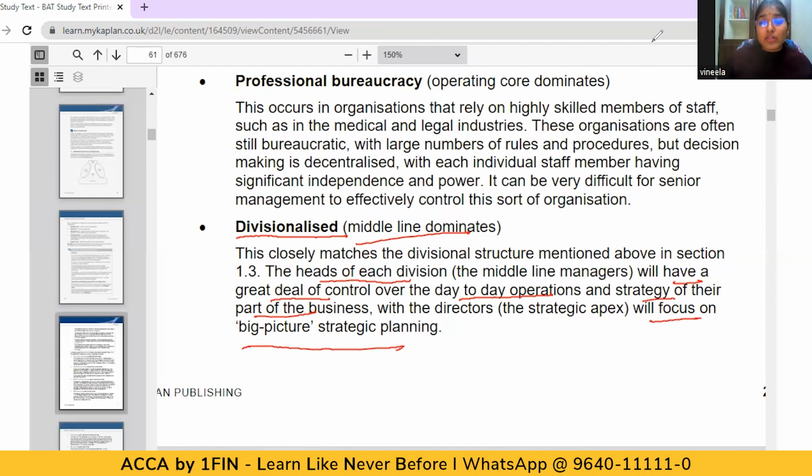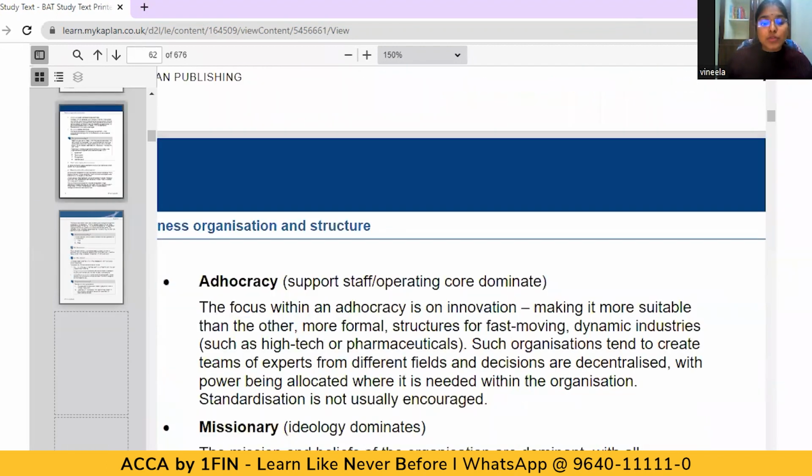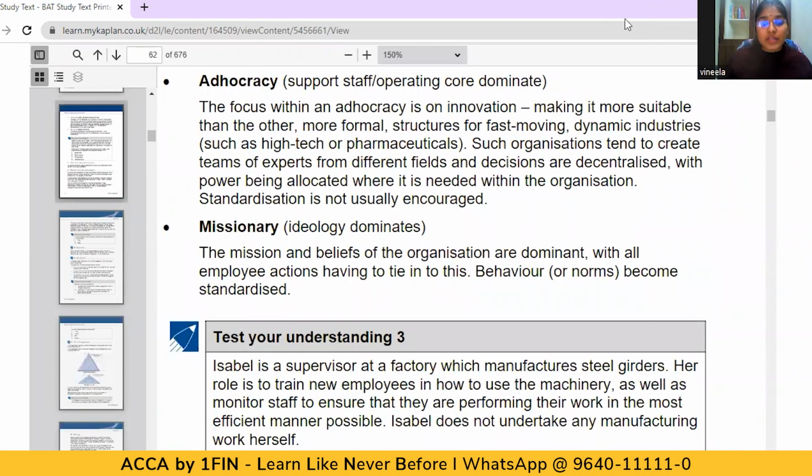So if you see the overall summary, generally an organization where the middle line will try to dominate, you will call it a divisionalized structure, and each division will have a head and will have control over day-to-day operations as well as strategic decisions that are related to their business. Generally they'll have a big picture over the strategic planning, and this planning will be done along with the directors.